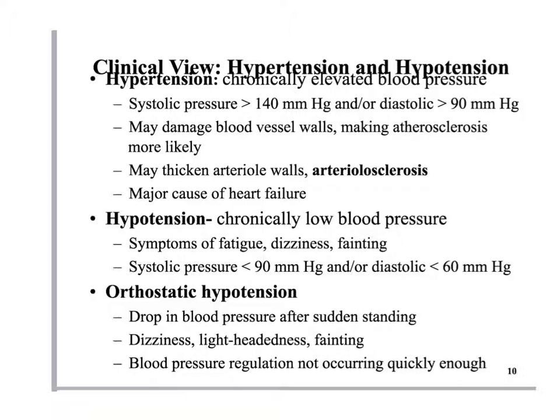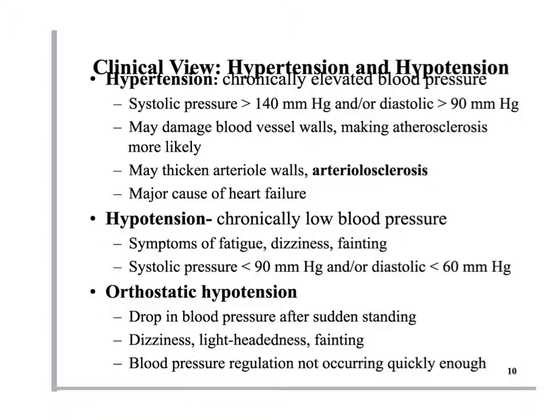The walls get thicker in response to that added pressure. You're putting something under a pressure and a stimulus, and the body will respond to that. They respond by hardening the arteries, more connective tissue, more muscle, and it makes them less easily stretchable, which causes problems. It's a major cause of heart disease in the United States.